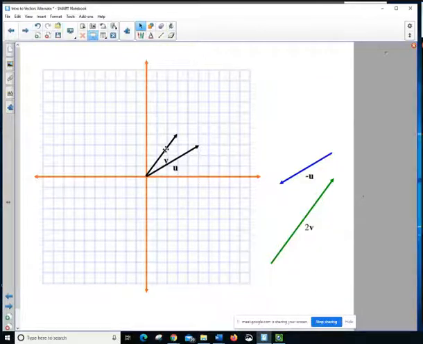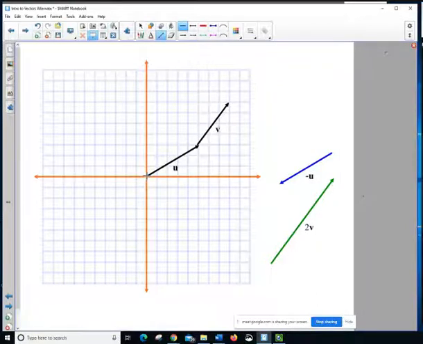Okay, so let's do what we would have done in the past. Vector addition doesn't change. One would put those tip to tail, and you would determine the resultant vector. The resultant vector there would look something like this.